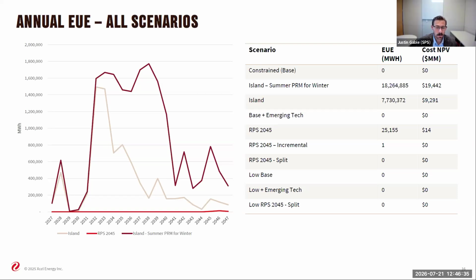I think there are ways to look at this problem, increasing PRM, looking at different types of emerging tech. I would say that one of the reasons the model is not seeing this during capacity expansion versus production costing is really that markets off and markets on approach.